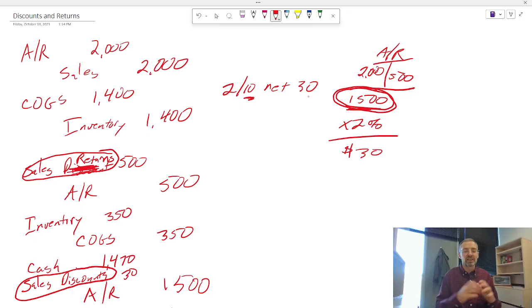And then the combination of the discounts and the returns might make our math a little bit more complicated. But if you can do the purchasing side, you can probably do the sales side. There are slightly different accounts in there, but they are very similar. And also don't forget about looking at the terms and what you calculate the terms on.